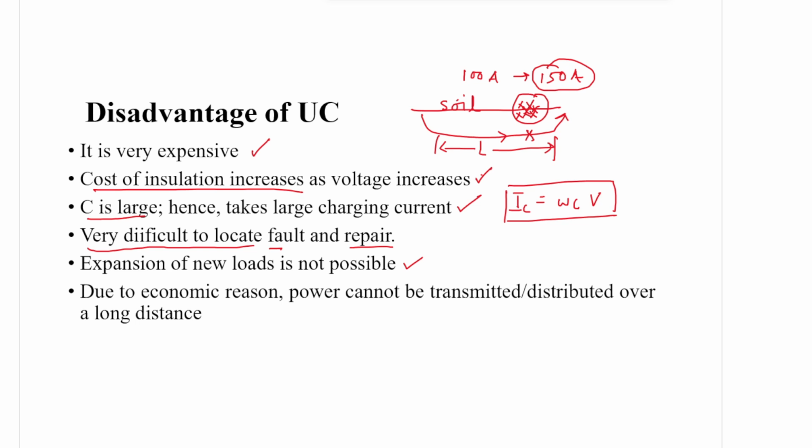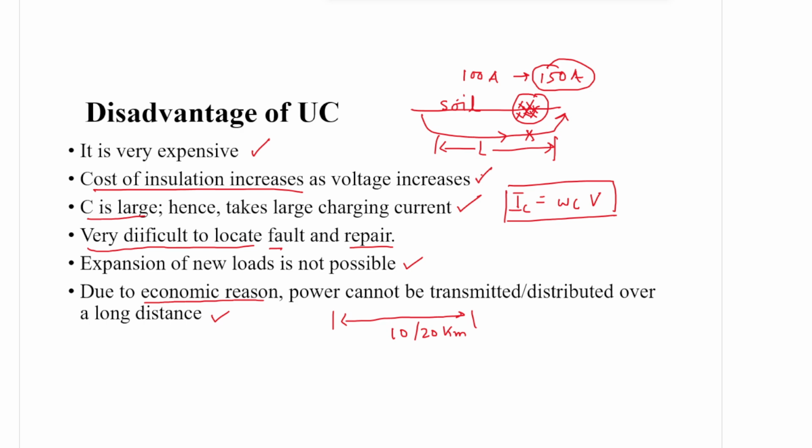Now moving on to the last point listed: due to the economic reason, as it is extremely expensive, power can be transmitted or distributed by this mode only within a short range of distance, maybe 10 to 20 kilometers, not more than that.